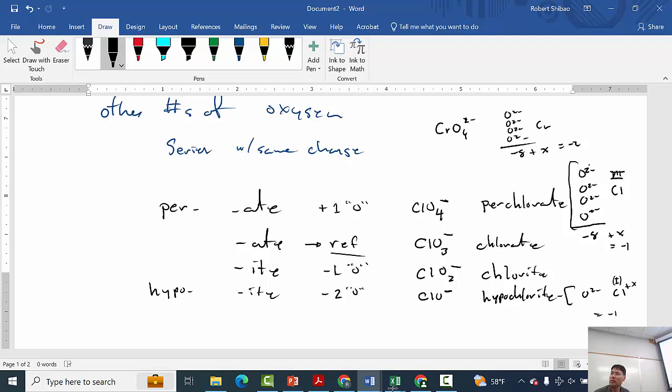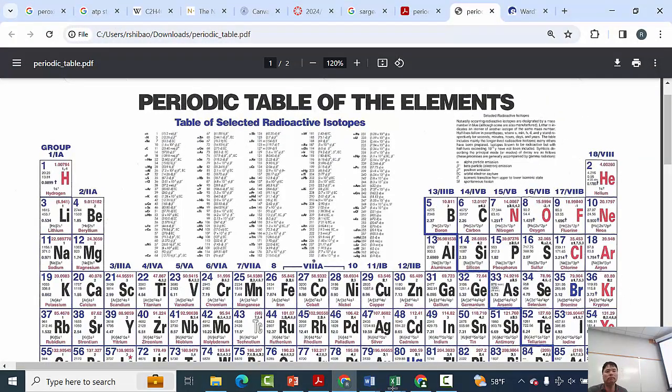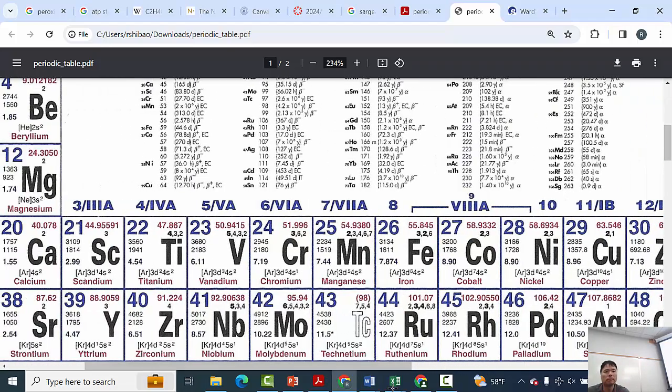Chromium's got to be plus 6. Chromium's plus 6. So what's the range of charge for chromium? Plus 6 is what we call the max.